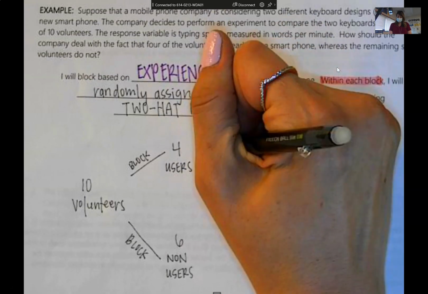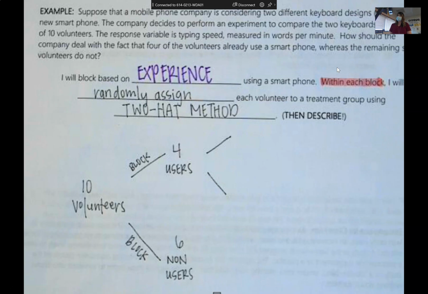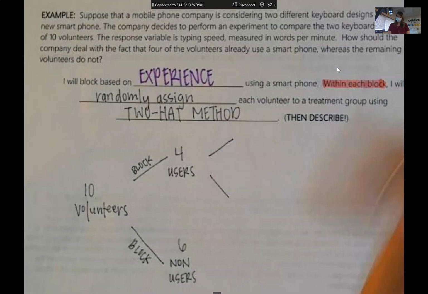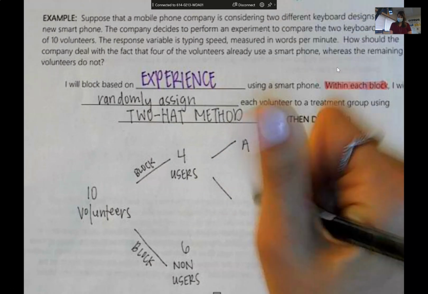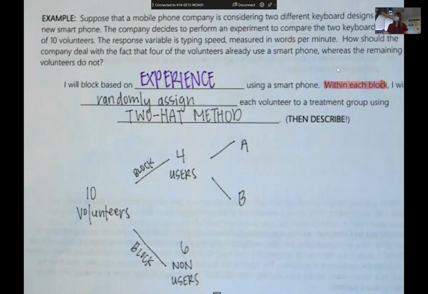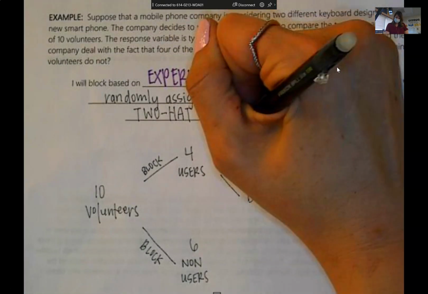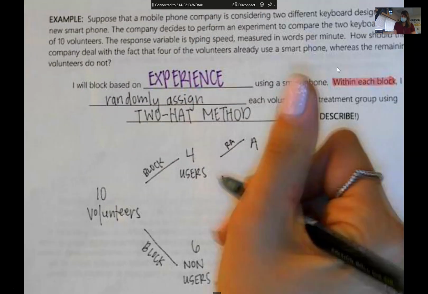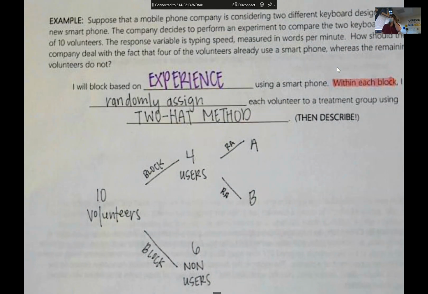So we're going to split these 4 users into the 2 treatments. One of those treatments is keyboard A. One of those treatments is keyboard B. We're going to do that by randomly assigning them, and our method will be two-hat method.